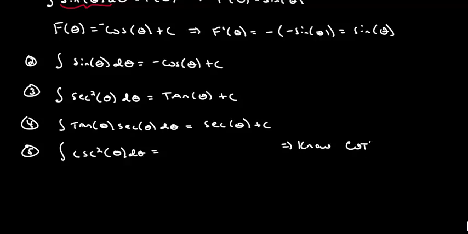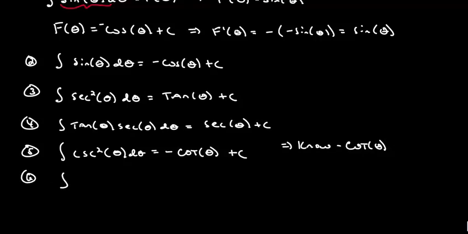If we take cotangent theta, the derivative of cotangent is negative cosecant squared. So if we take the derivative, we get negative cosecant squared theta. It's not quite as easy to see, because we're used to taking the negative. But if you just put the negative out front here, you'd be all right. So this will give us negative cotangent theta plus our constant of integration.